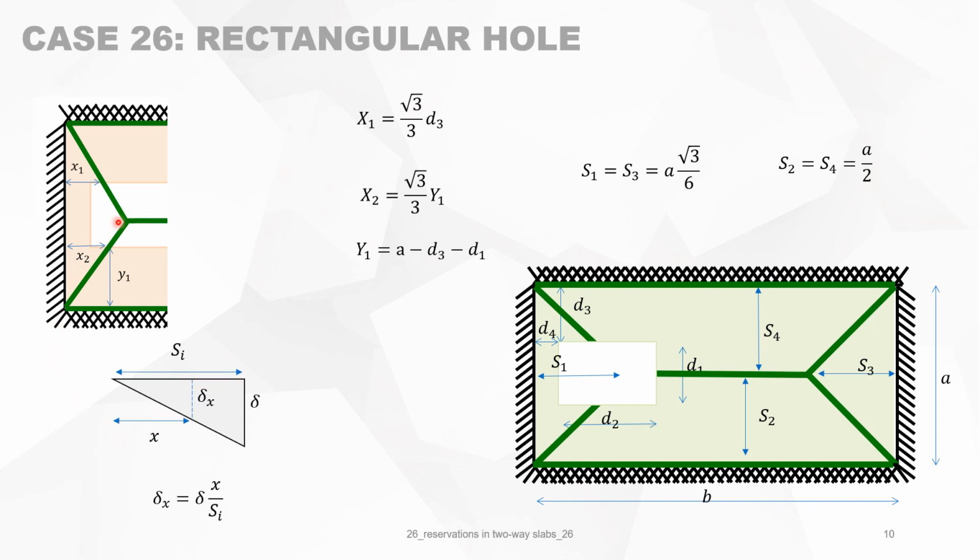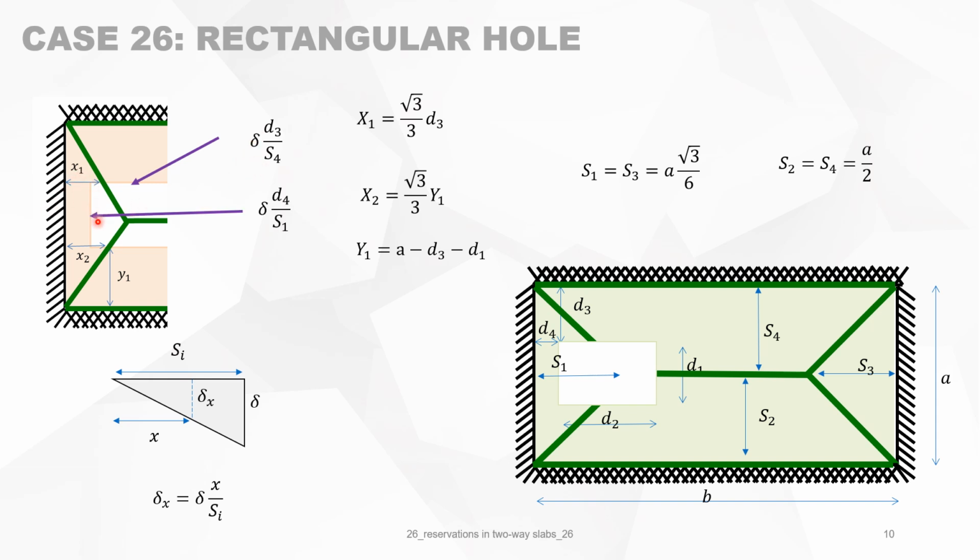To calculate the work done by external forces, we need deflections. The horizontal yield line has the maximum deflection delta, and the others are proportional to delta. So if you use the rule of proportion, for this slab, when this is 0 and this is delta, the deflection will be delta times d3 over s4.